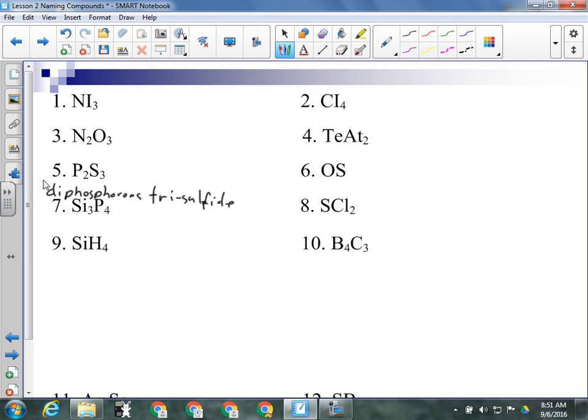For number 6, I've got oxygen and sulfur, but there's only one of each. Oxygen monosulfide. Good. Number 7, I've got 3 silicon and 4 phosphorus.